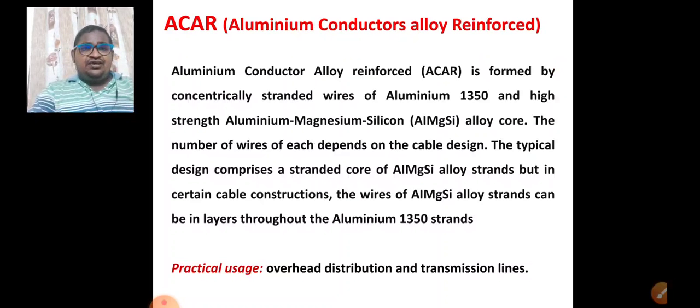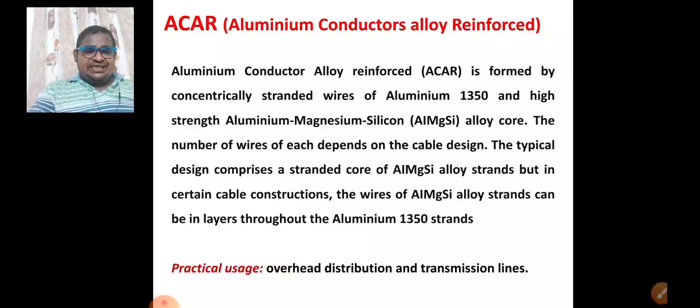ACAR, aluminum conductors alloy reinforced. Aluminum conductor alloy reinforced is formed by concentrically stranded wires of aluminum, that is 1350, and high strength aluminum magnesium silicon, that is AlMgSi alloy core. The number of wires of each depends on the cable design.